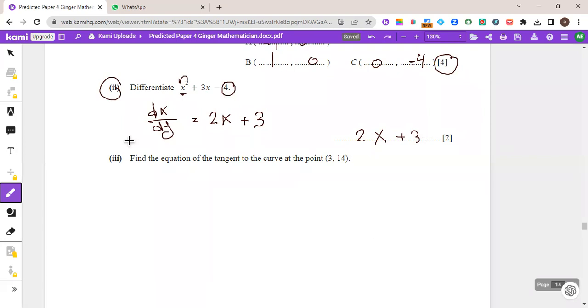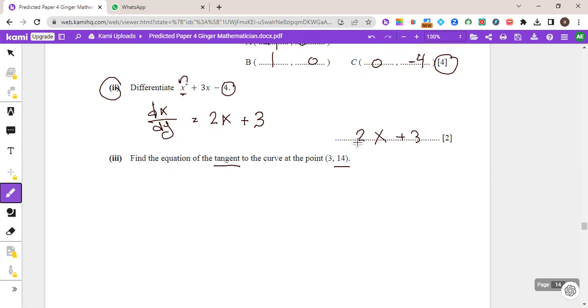complete ها. Find the equation of the tangent to the curve at point 3, 14. Okay, find the equation of the tangent. So I know the gradient. What is the gradient here?